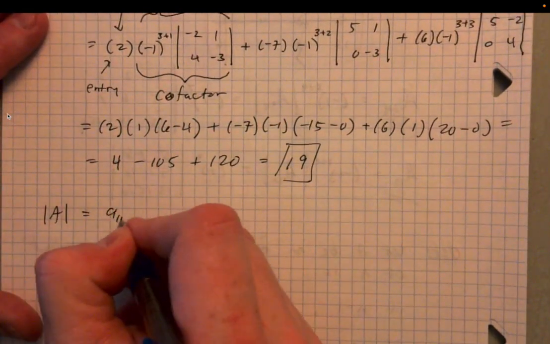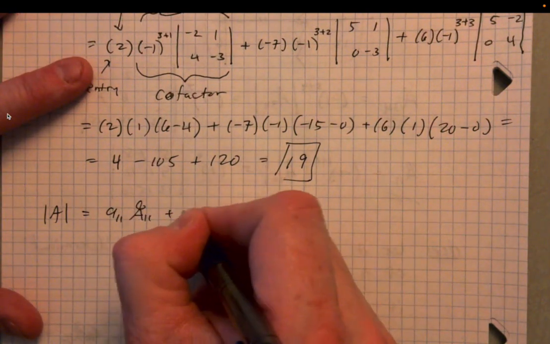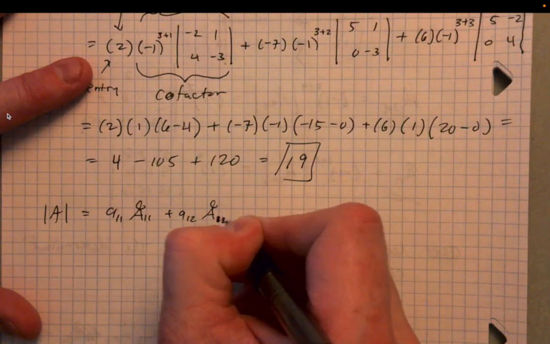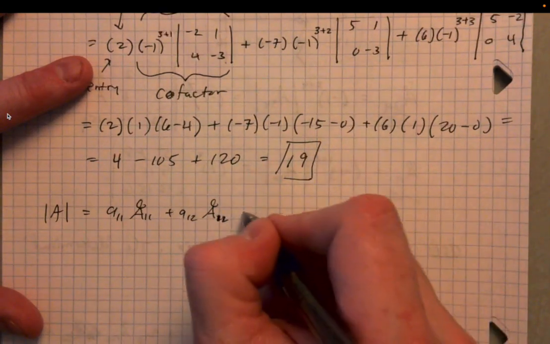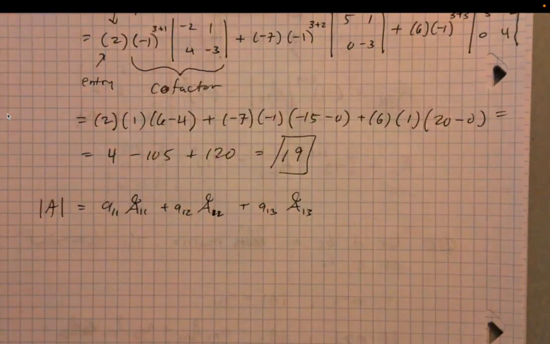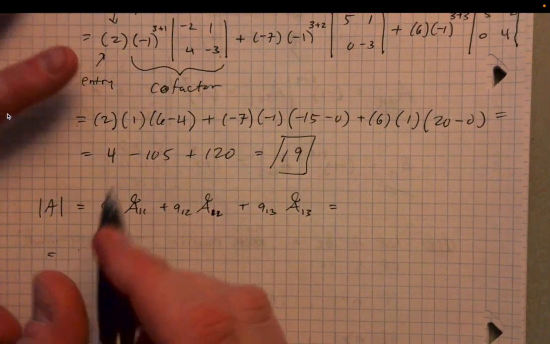That would be A11 times script A11, plus A12 times script A12, plus A13 times script A13. Okay, and so we can write all of that out.